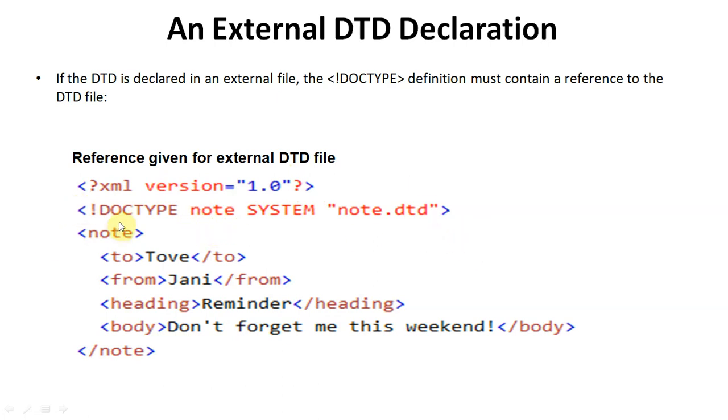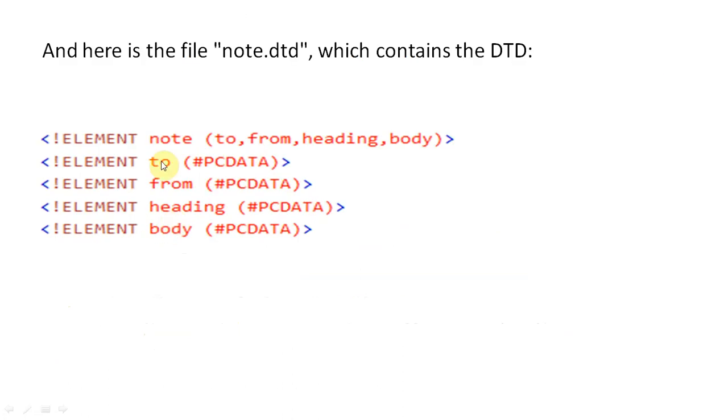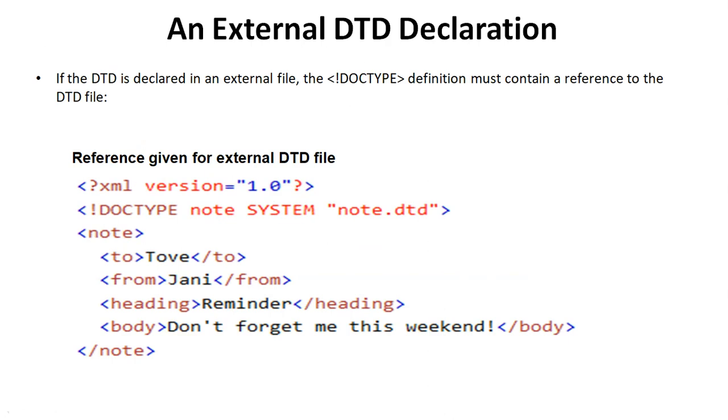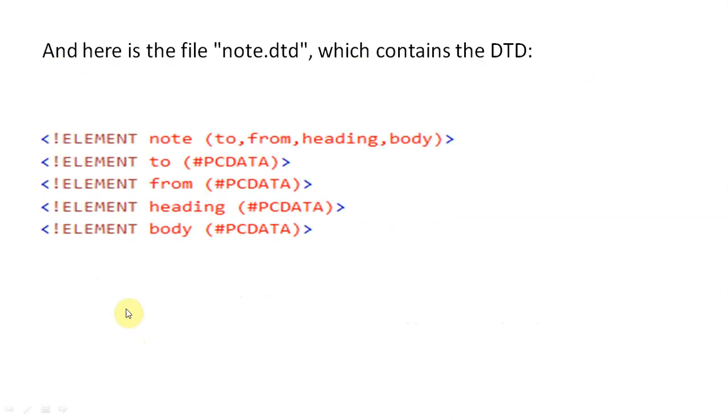So we will write again !DOCTYPE node, where node is the name of the DTD, and through the SYSTEM keyword we use node.dtd, the external DTD file. Now we are writing node as the external tag, as we have defined here. Node is the external element, and inside this node element we have to, from, heading, and body.